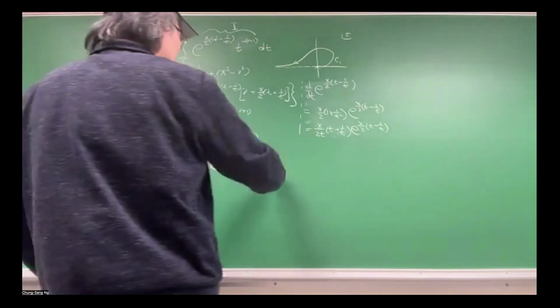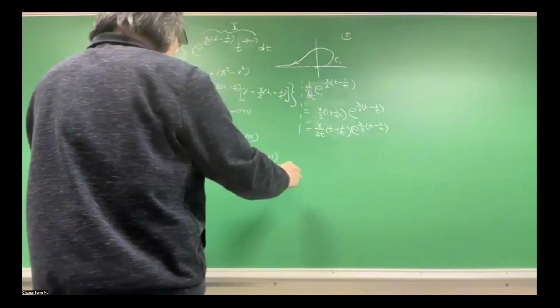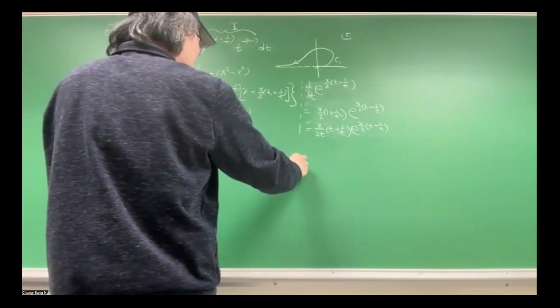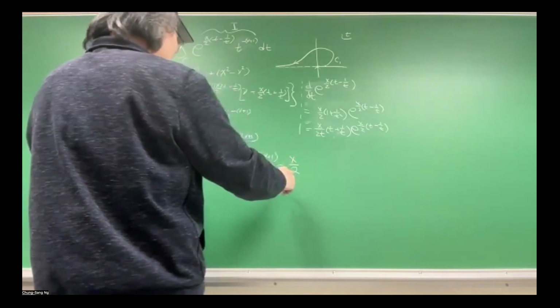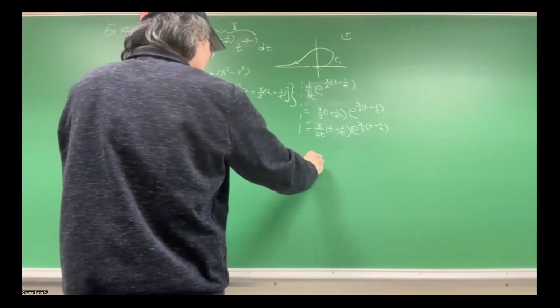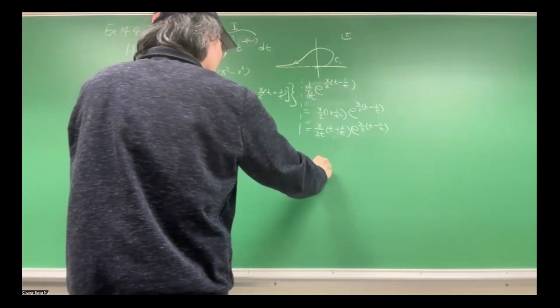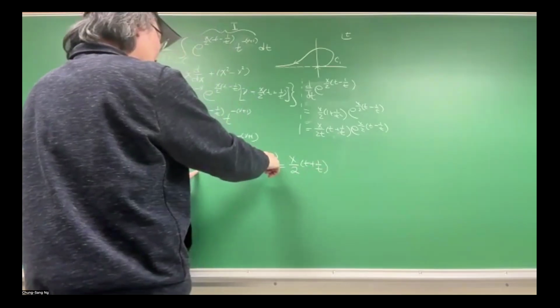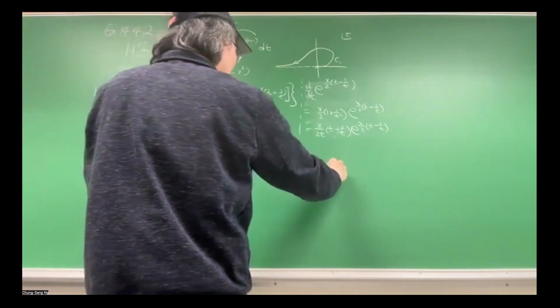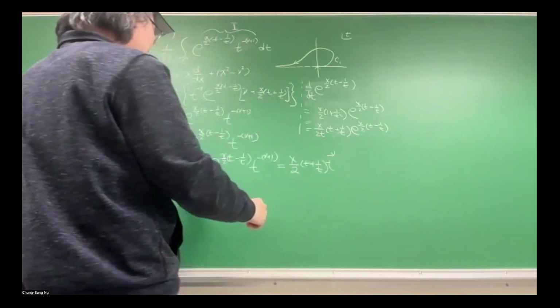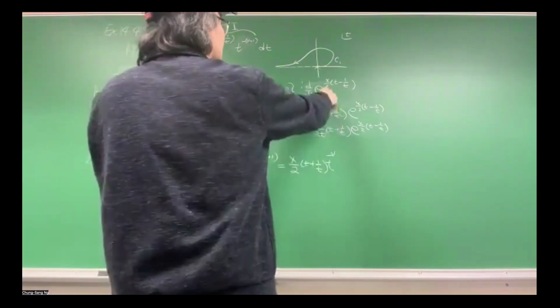So altogether, you get x over 2, so the rest is x over 2. You take one factor, so one factor is left. And you take this minus 1, so you only have t to the minus mu. And the rest is this one.